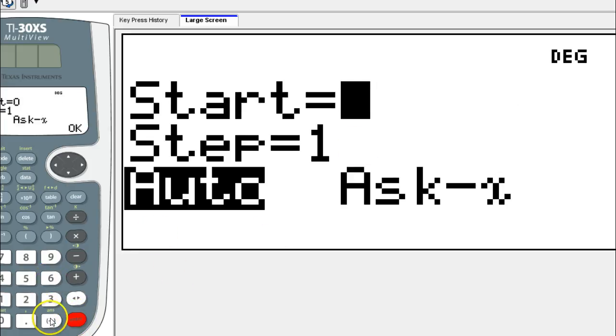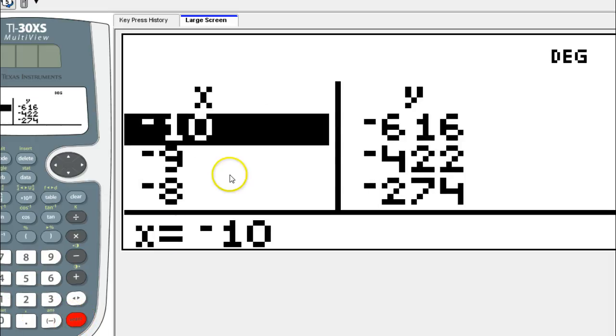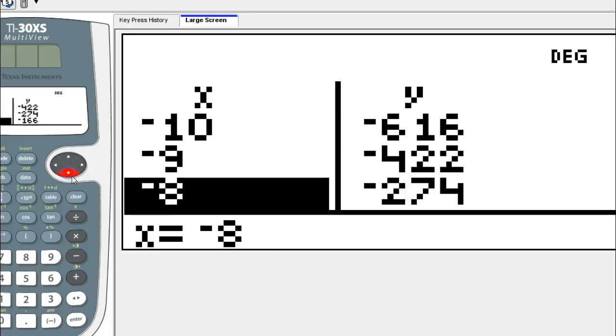All right, I like to start at negative 10 because it rarely has to go past that. So I'm going to scroll down looking for 0 on the y side.